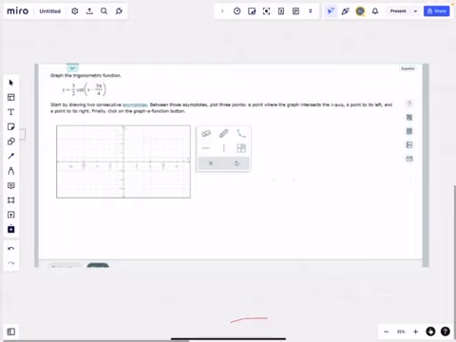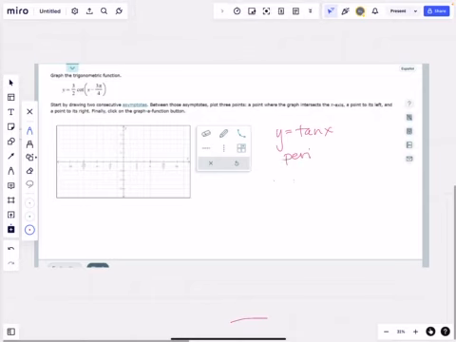First we talked about how to graph the function y equals tan x by first finding the period, and we remember that the period is pi over b, and then taking the period times 1/2 to find our first asymptote, and then we can add the period length to the first asymptote to find a second asymptote.